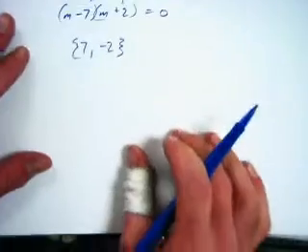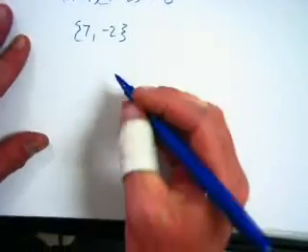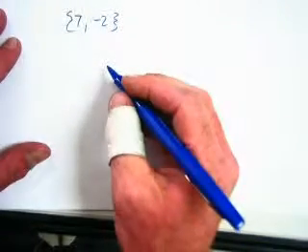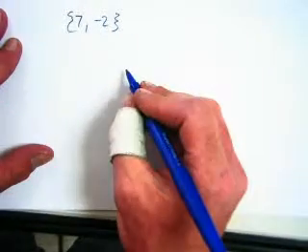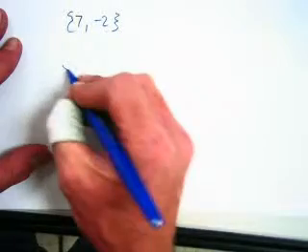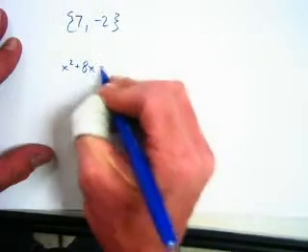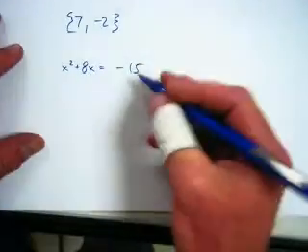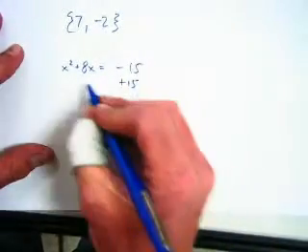Let's take it one more step and do one like this. What if we had x squared plus 8x equals negative 15? Well, then we got to get the negative 15 onto the other side. Add 15, add 15.